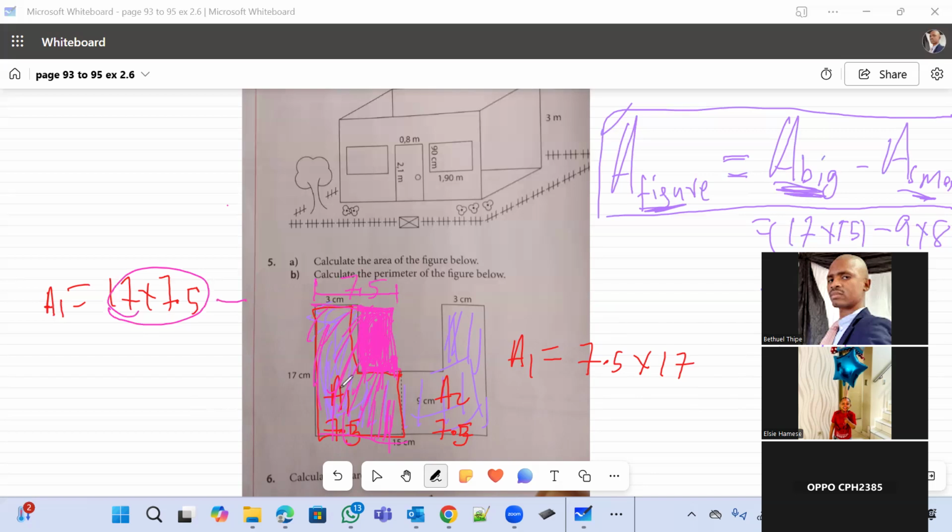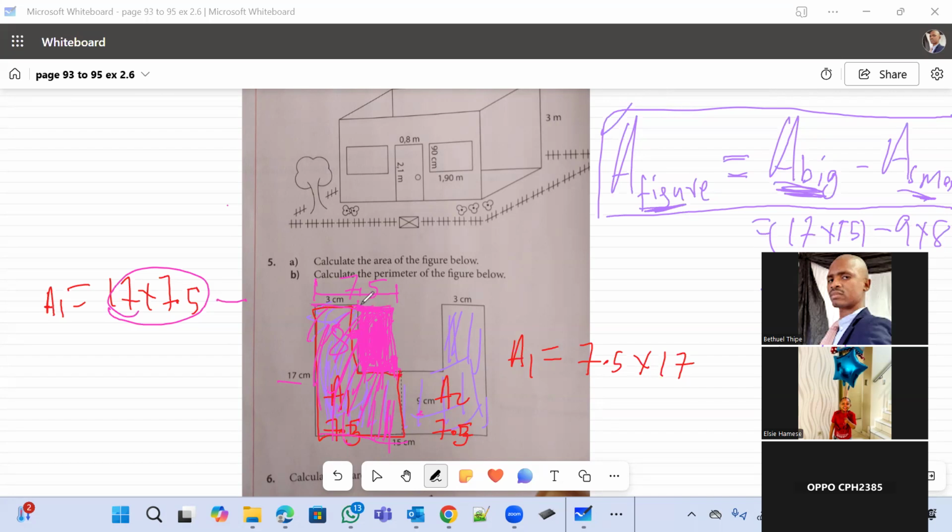Remember here we said this is 17 minus 9. 17 minus 9 is 8. That's my distance, 8 times what?